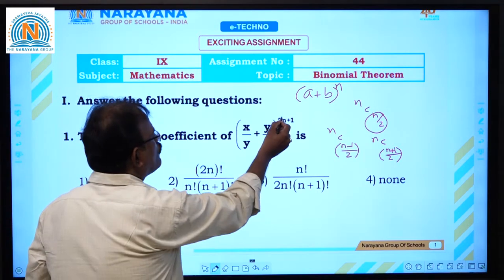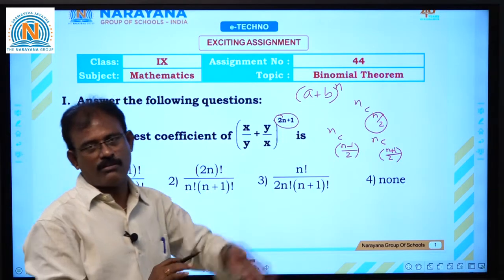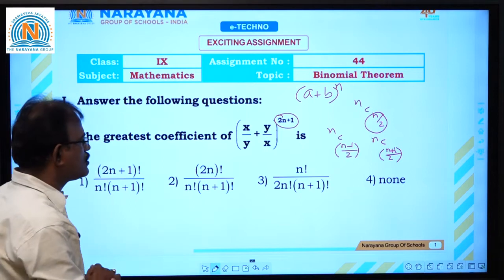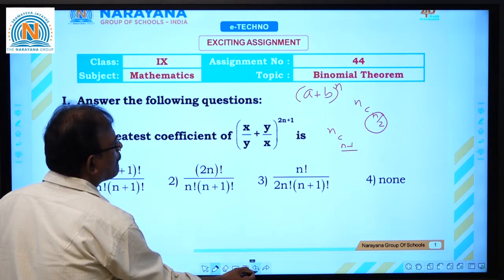So here, if you observe, the power 2n+1 is odd.